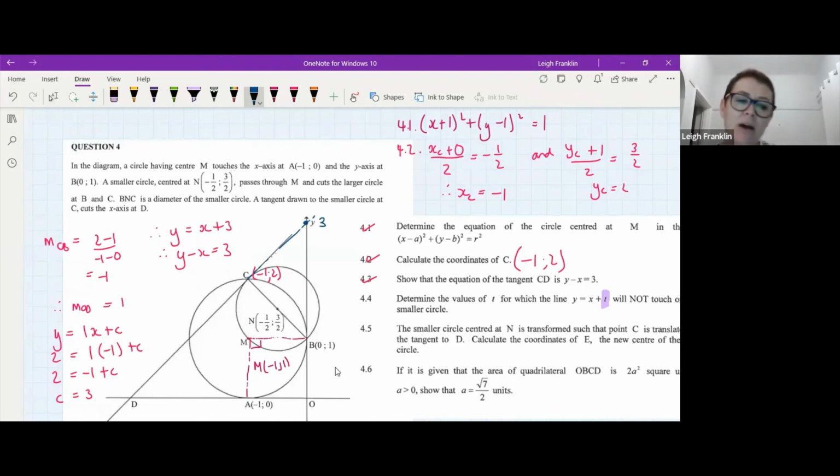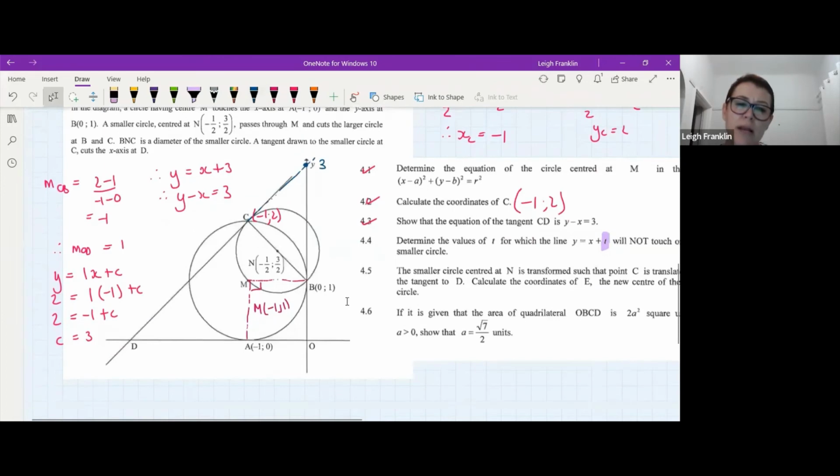Now, can you imagine if I could draw a line parallel to line DC so that it went through the other side of the circle, also a tangent at point B, like that. So these two lines are parallel to one another, and here the value of t, or the y-intercept, is equal to 1.